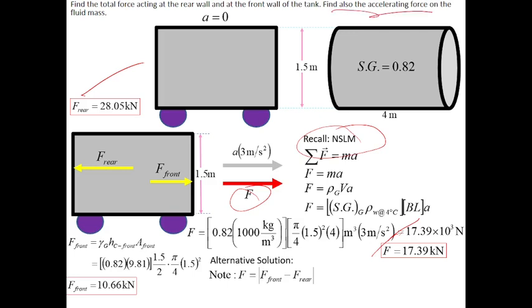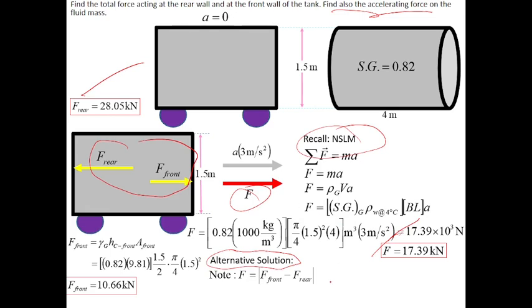But there is an alternative solution. I have shown this before, that the accelerating force can be obtained by subtracting two opposite forces. So these are the two opposite forces, rear force and front force.